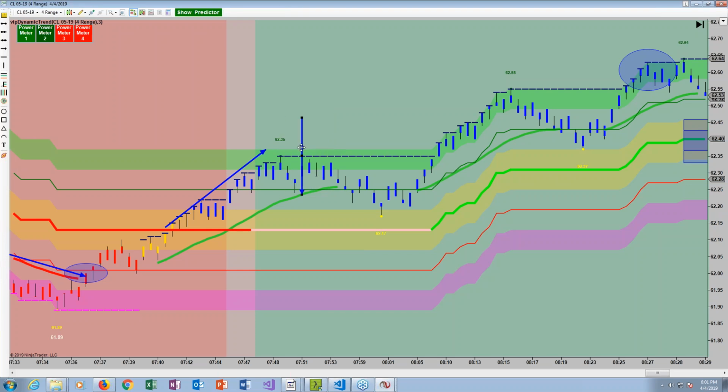It's got to break and close below it. And it has to break and close below line 6, which is the thin green line right here. Those 2 criteria in an uptrend constitute what we call minimum retracement criteria to get long.